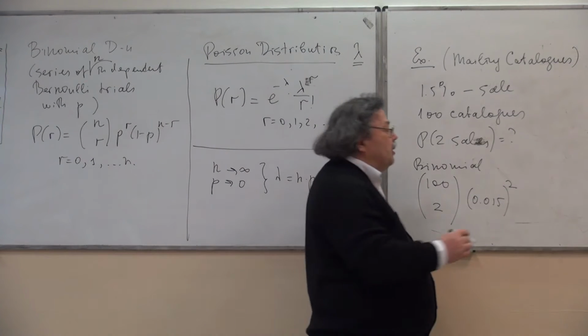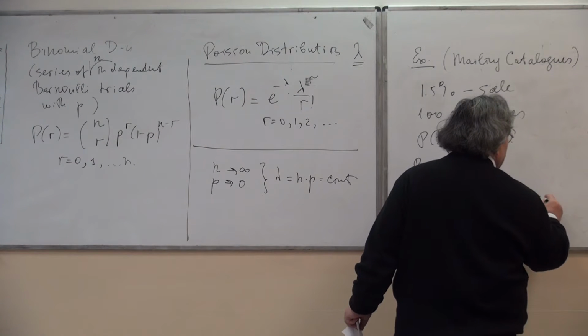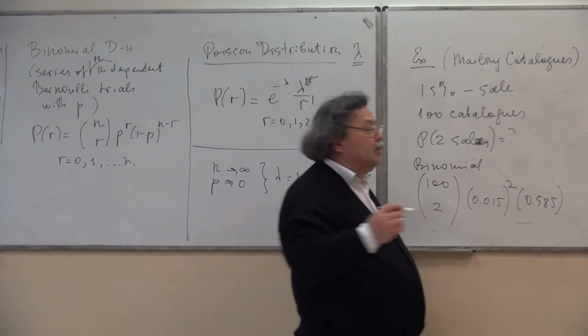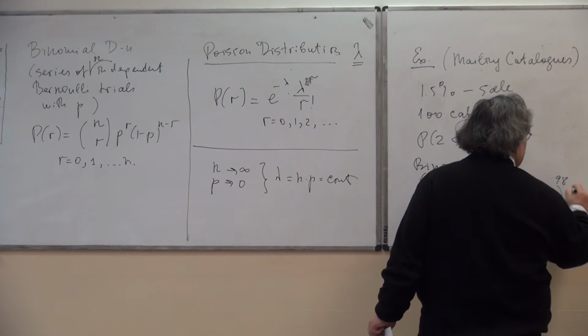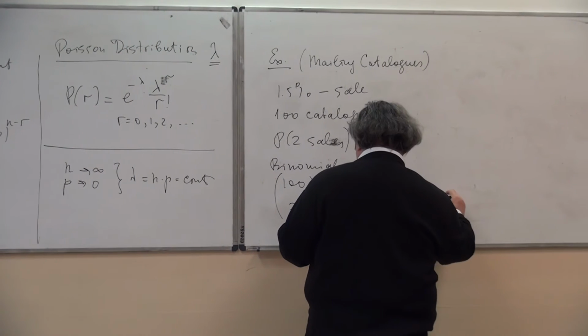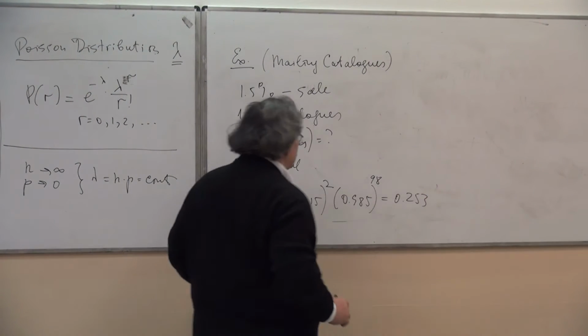And then the probability of failure, which is this, is raised to the power 100 minus 2, which is 98. And the answer that we get here to 3 decimal figures is this.